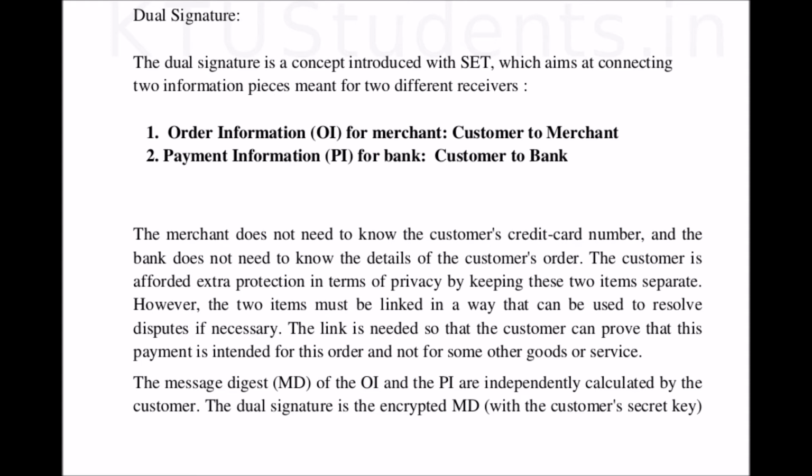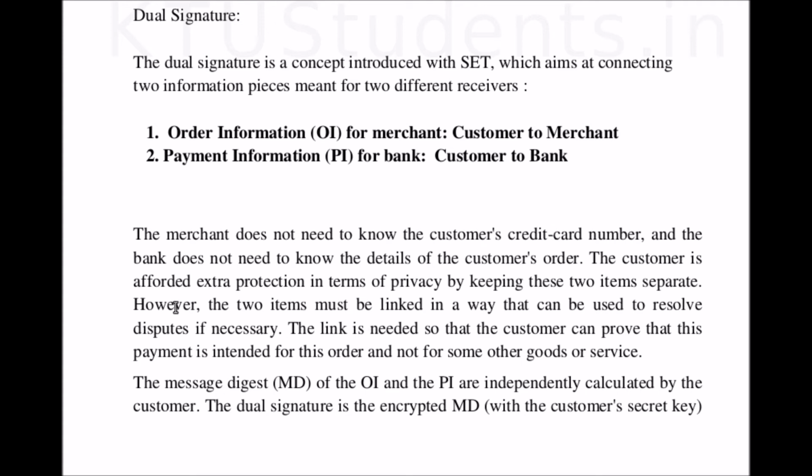Next topic is dual signature. This is for maintaining confidentiality of the customer when it makes an order online using SET. So whenever we make an order, the payment information we are giving goes from the merchant to the merchant's bank. What we expect is that the customer credit card details should not be known by the merchant.